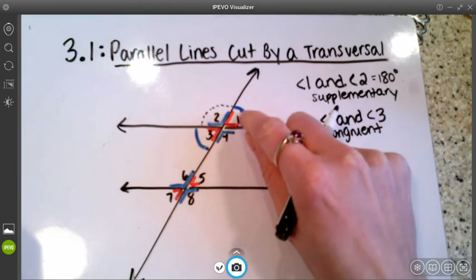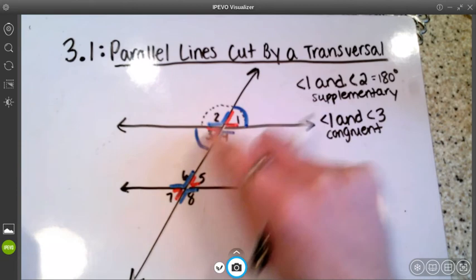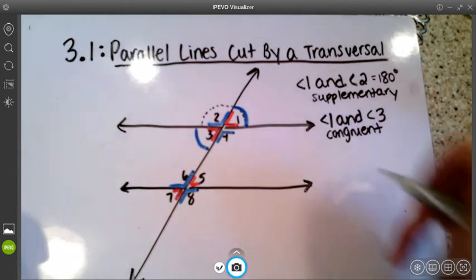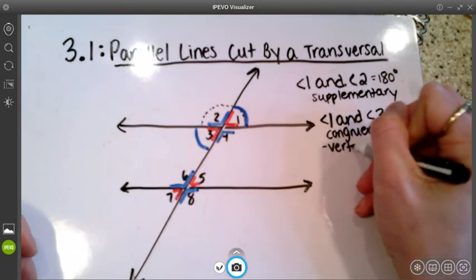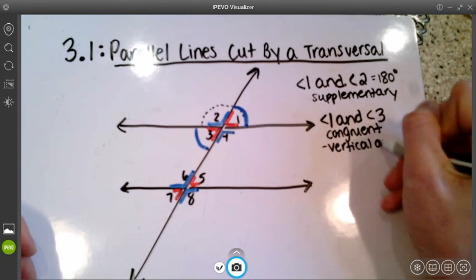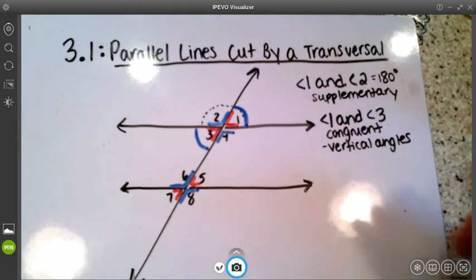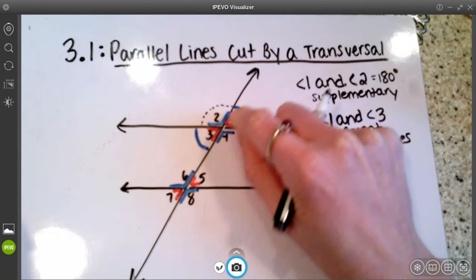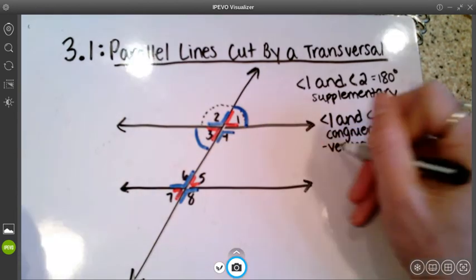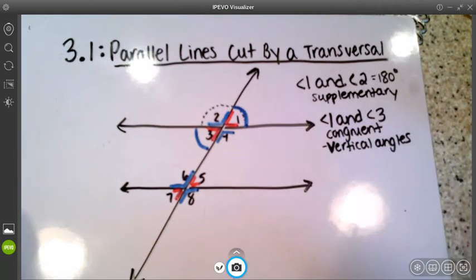Here's 1, here's 3. They're across from each other, therefore they are vertical. Vertical angles is the way that we would describe these two. The best way I can help you remember is, do you see how there's two V's? The V's touch. Okay, so that's a way you can think about it.